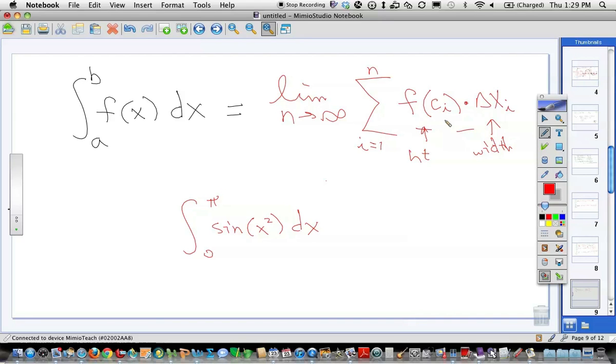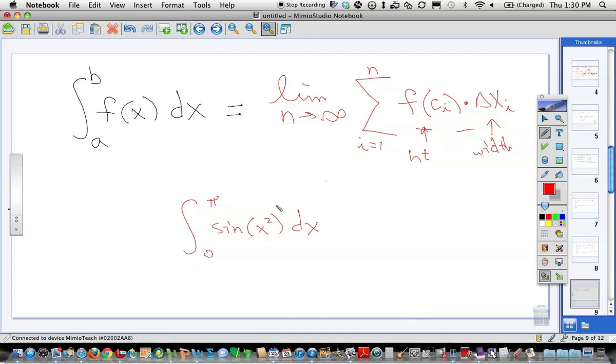If you were using left side rectangles, would you use i equals 0? Not in this one, but you're right in your sigma over here. This is actually kind of important, not necessarily on today's assignment, but as we get into these some more.